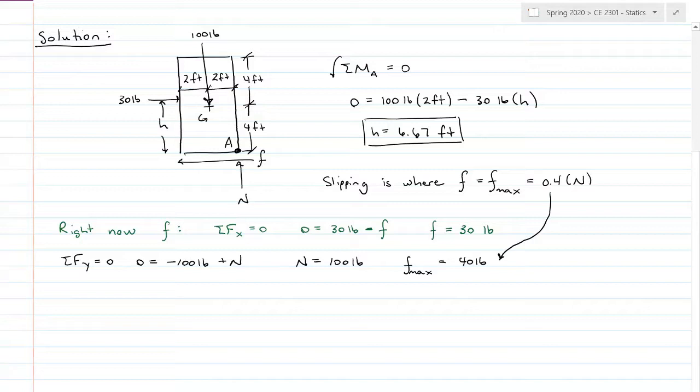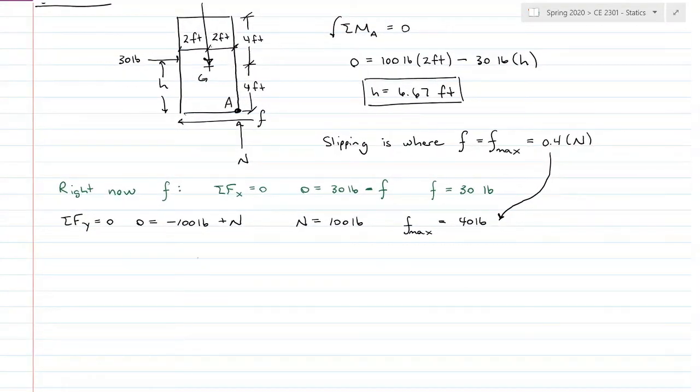Coming down here and plugging in my normal force. So if right now the friction is 30 pounds and the motion impends at 40 pounds, then my answer is no. The box is not slipping. Okay, so as long as we keep the force under 40 pounds and under 6.67 feet from the ground, our box will neither slip nor tip.